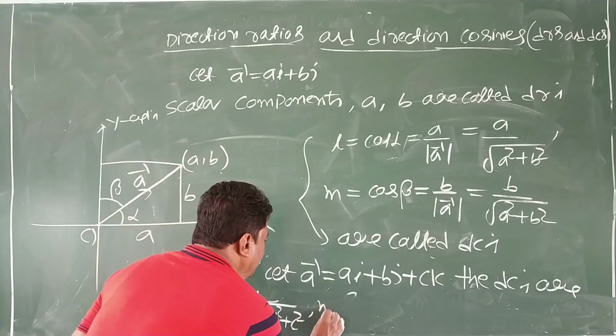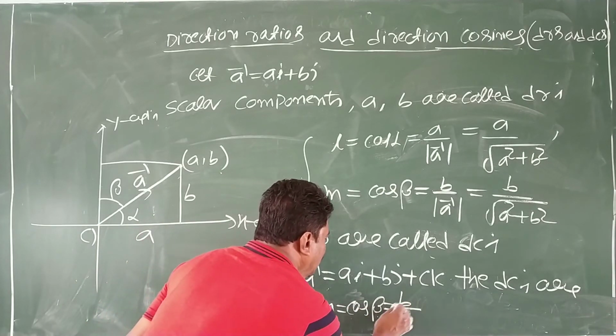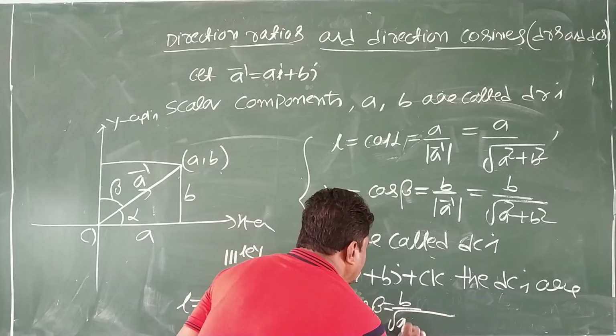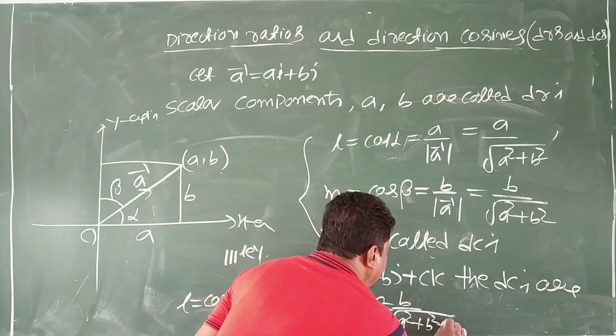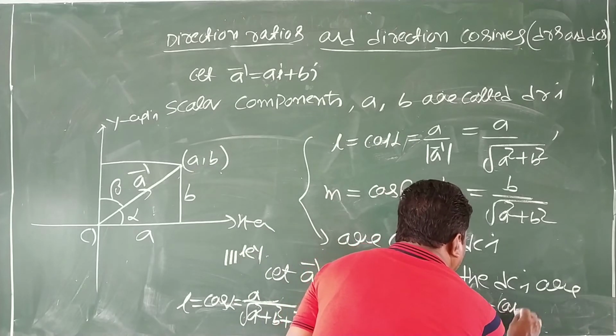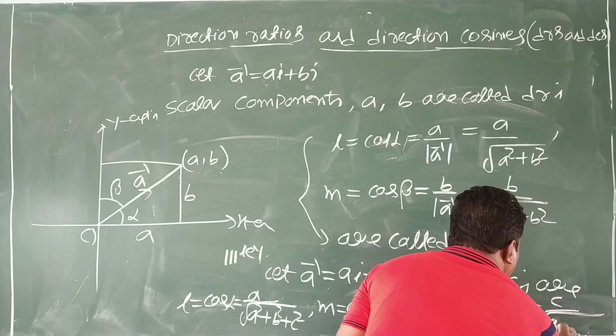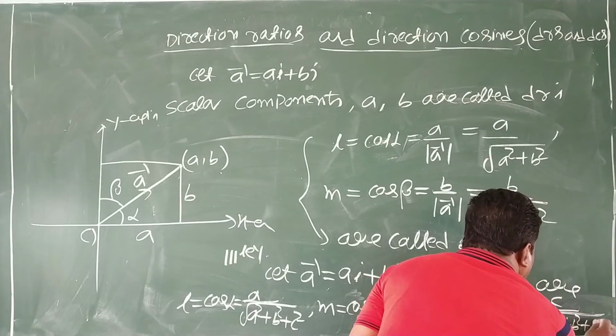Next, M equals cos beta is equal to B by root of A square plus B square plus C square. Next, N equals cos gamma equals C by root of A square plus B square plus C square.